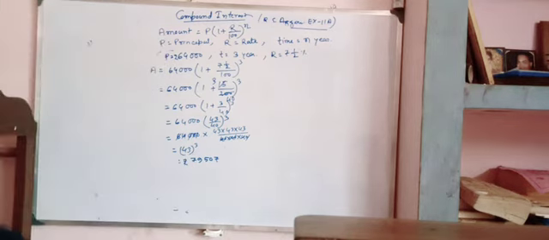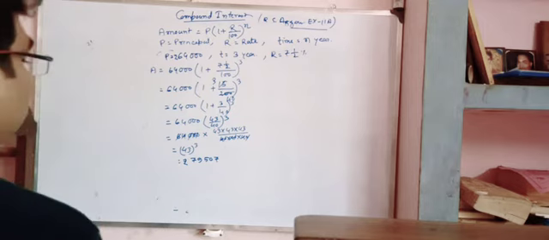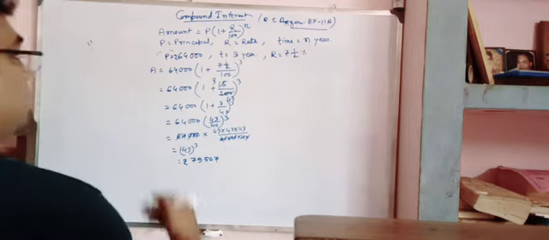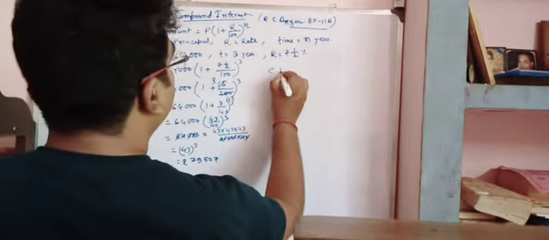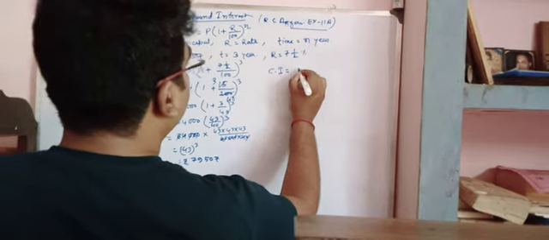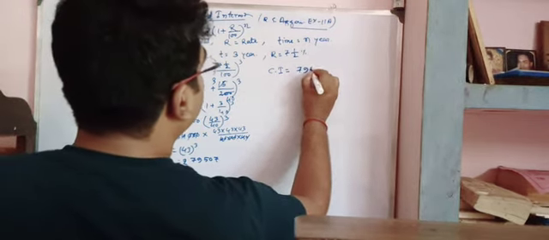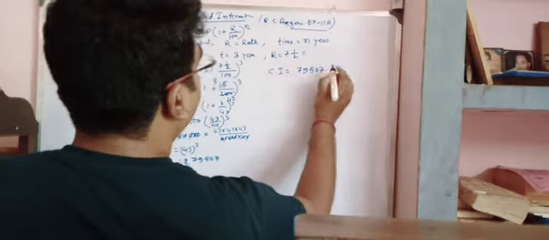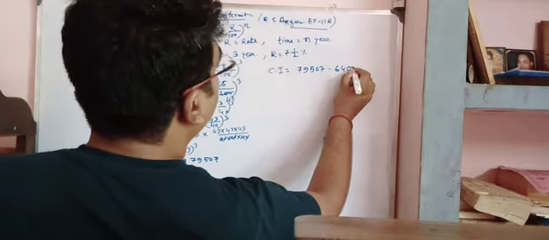So that is my required amount. Now if we have to find the compound interest, what is the compound interest? 79507 minus 64,000.